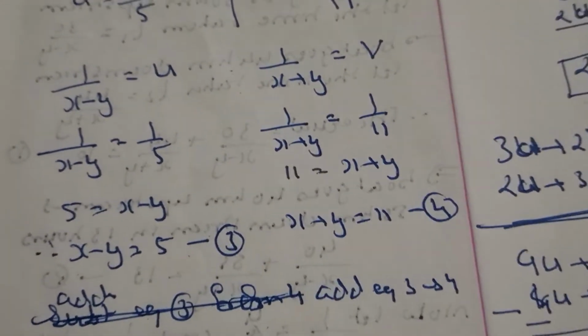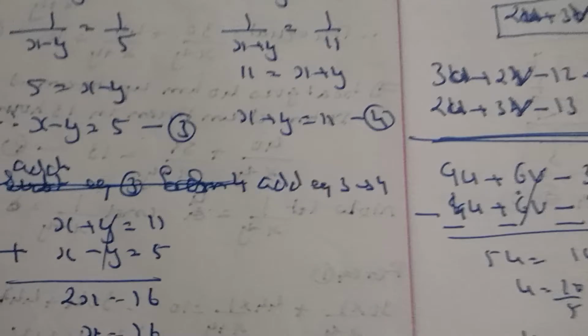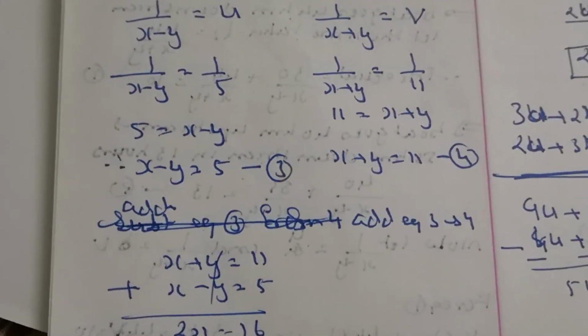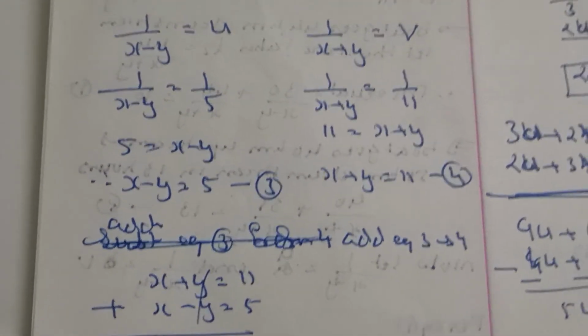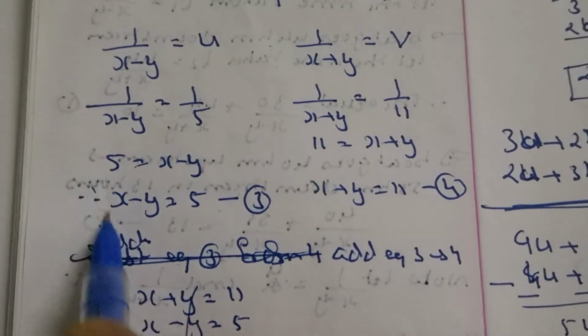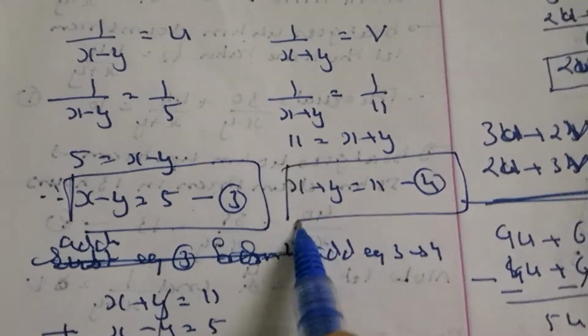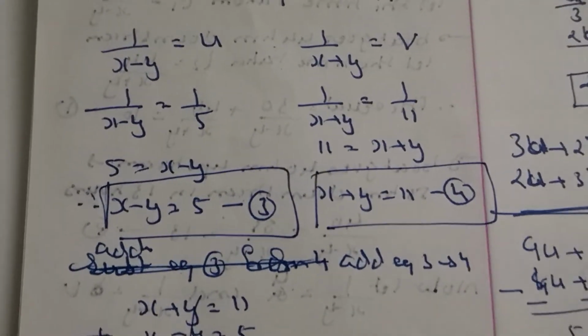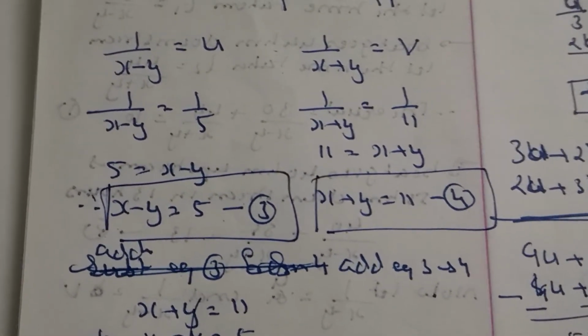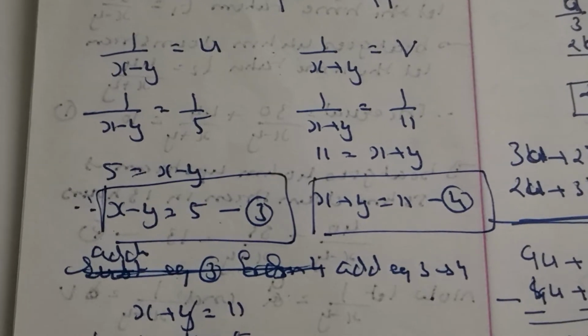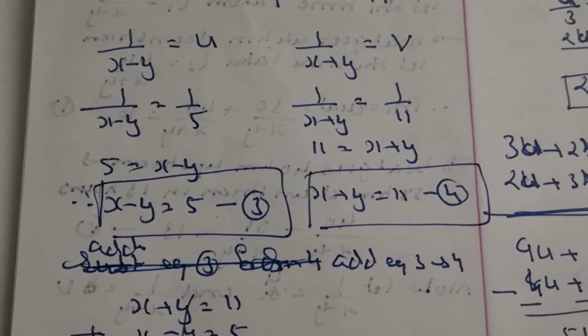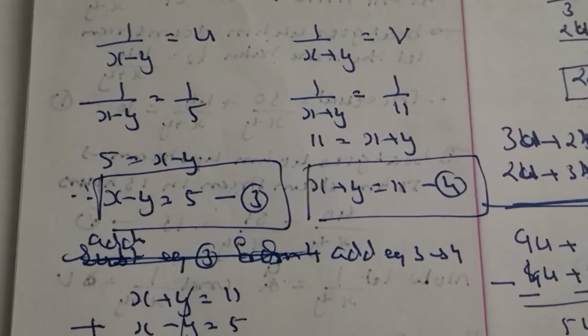Dear friends, I have solved the whole sum once with cross multiplication, but still I am not getting the answer. Instead of that, I am getting two new equations, that is x minus y is equal to 5 and x plus y is equal to 11. So I am going to solve these by the elimination method.